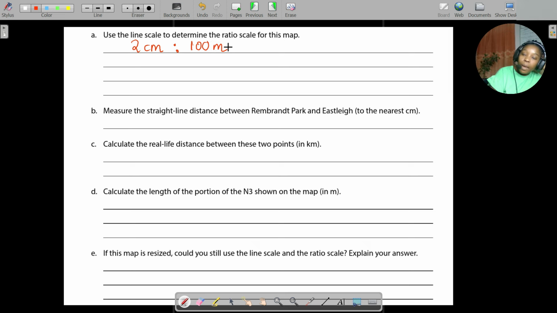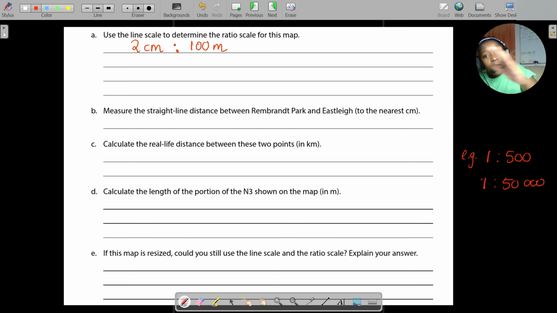Now if they're asking us to convert to a ratio scale, think about those examples I did with you. A ratio scale has to be in the form of 1 is to something. There are no units there, and you have to have that 1 and something.